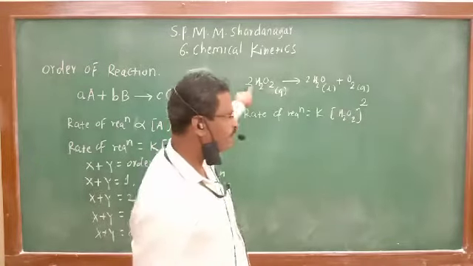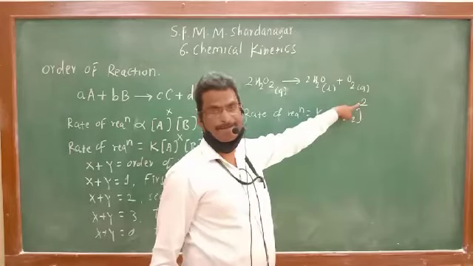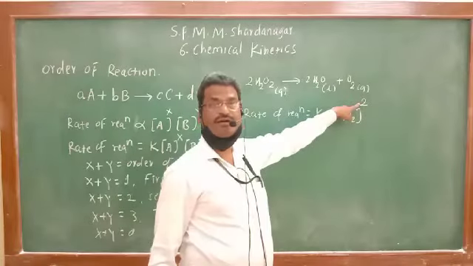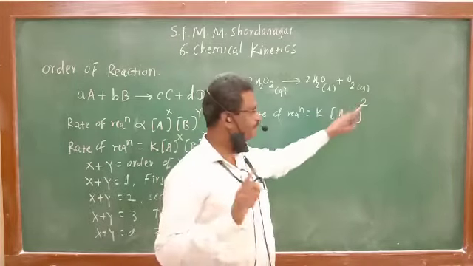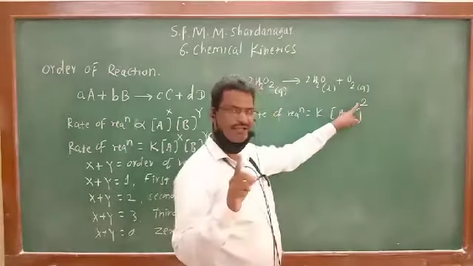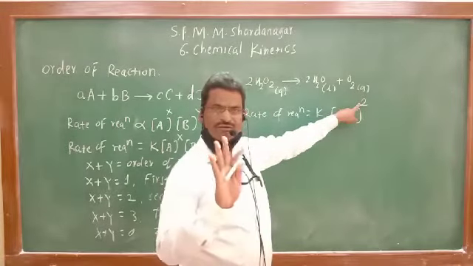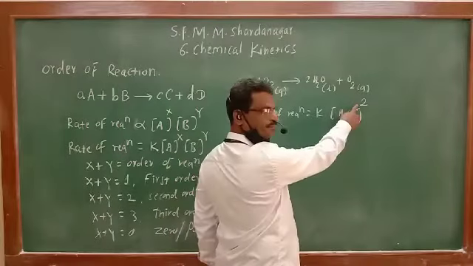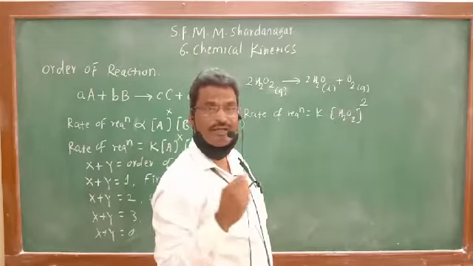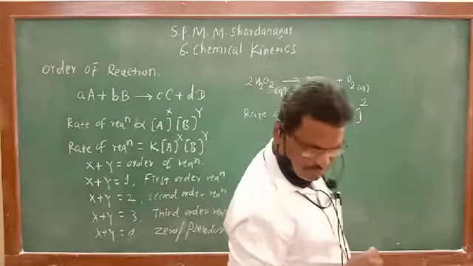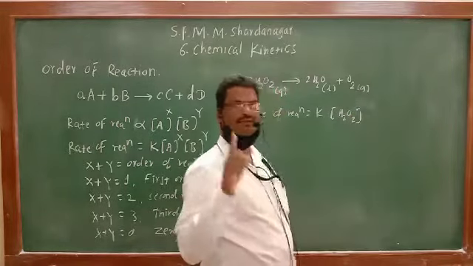But we know this is an experimental quantity, not a theoretical quantity. If the 2 were a theoretical quantity, then this 2 would appear here. That is right. But this is an experimentally obtained quantity, and it is observed that here instead of 2 it is 1.